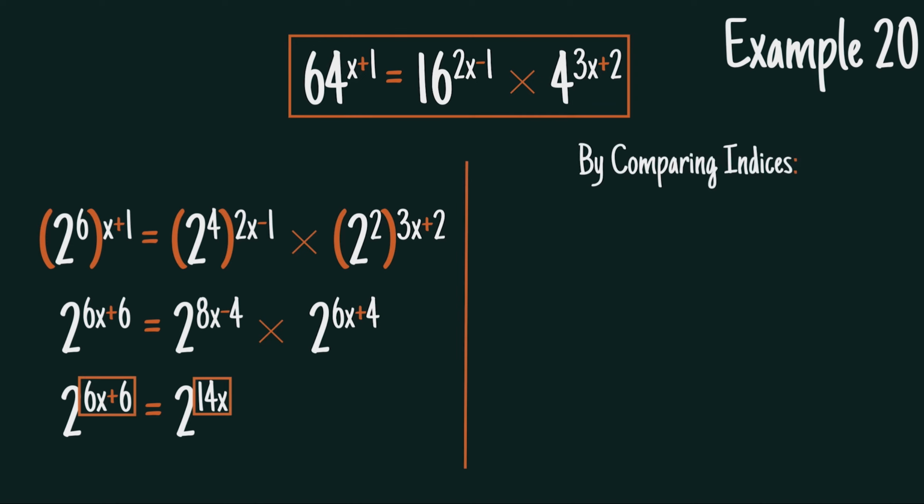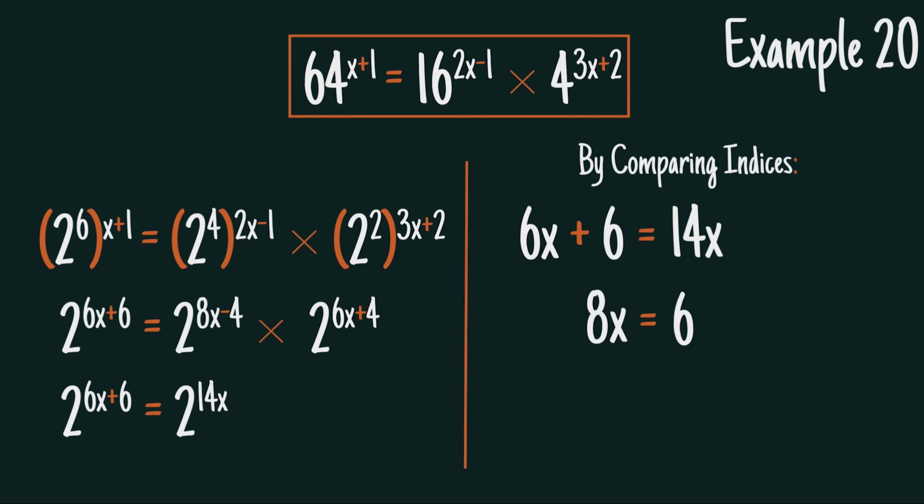And by comparing the index on both sides, we will get 6x plus 6 equals 14x. Simplifying, we get 8x equals 6. And then we make x the subject, getting x equals 3 over 4.